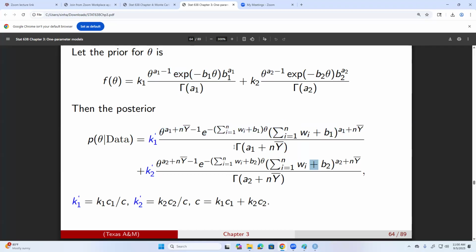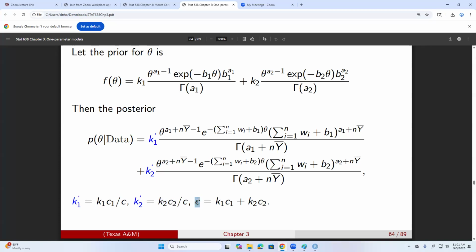And here I wrote all the proportionality constants. Okay, here also. For the second component, taking this kernel part with the likelihood part, I got the posterior distribution. I wrote it here, with the mixing weight K1, now I call it K1 prime and K2 prime instead of K1 and K2. K1 prime is K1 times C1 over C. K2 prime is K2 times C2 over C.